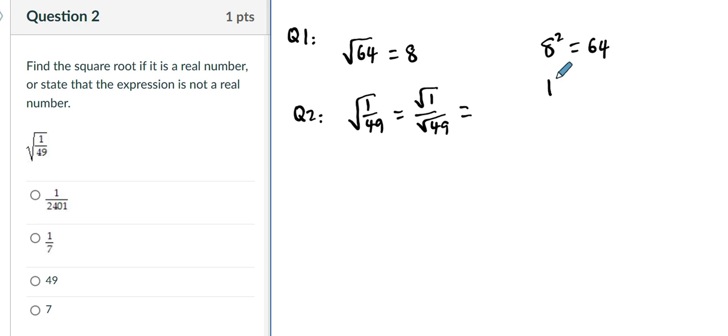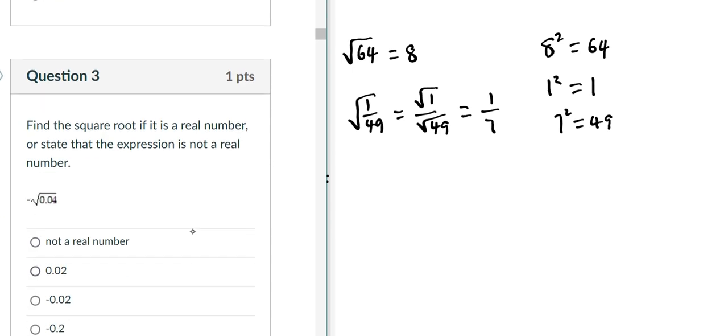We know 1 squared is 1, so radical 1 is 1. And we also know 7 squared is 49. And then when we go back, we get 7 from radical 49. And that would be our second choice right here.